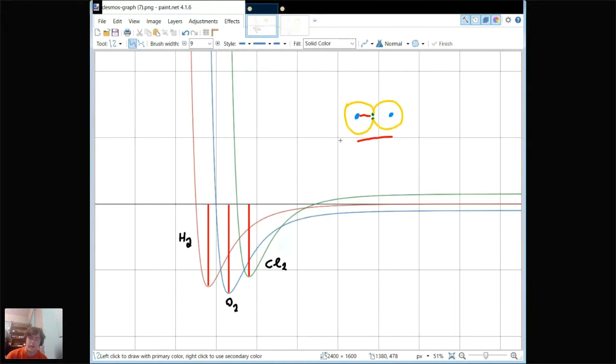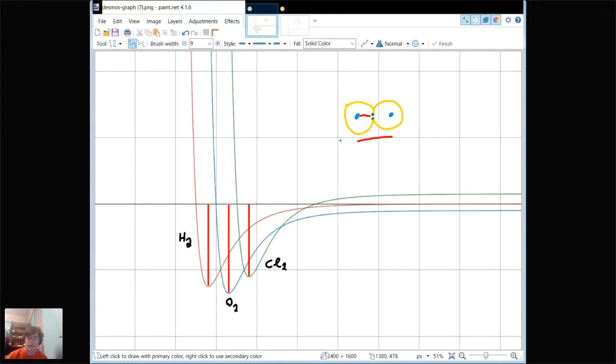Does that concept make sense? Okay, so Matthew, the stability relies on the potential energy being a very low number, right? So oxygen in this case has the lowest potential energy, so it is the most stable out of the three. Because it's the most stable, it has the strongest bond. It's hardest to pull apart.